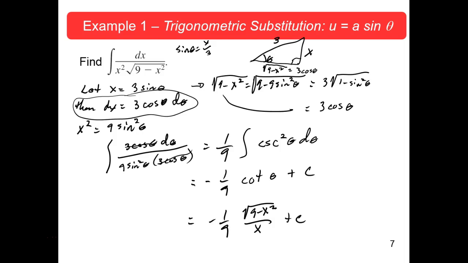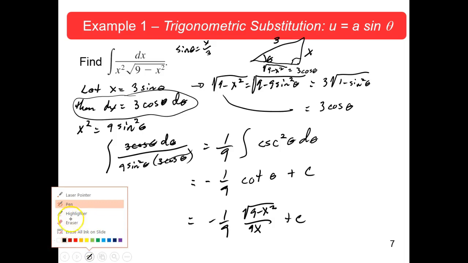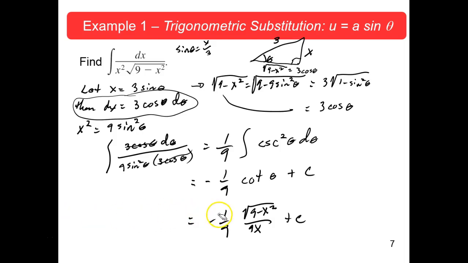They write it a little differently. They put the 9 here in the quotient with the x, which is sort of a smart move, and just have the minus sign out in front. Okay. And that's exactly what they get. Minus the square root of 9 minus x squared over 9x plus c. Good deal.